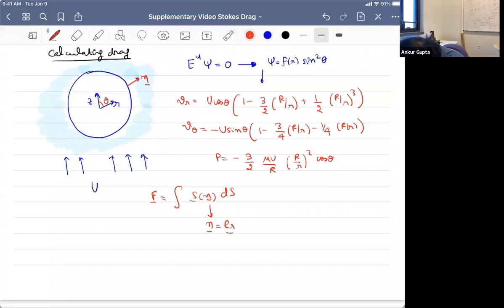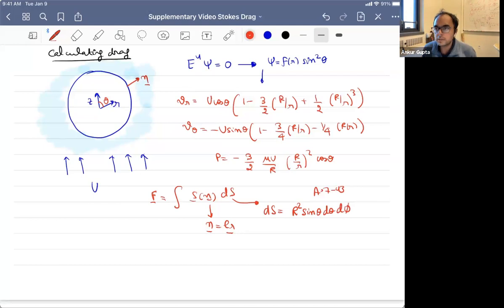This is something we have discussed several times: the ds is determined by what coordinate is constant. On the surface, the coordinate that is constant is small r is equal to capital R. So you look in the appendix for a differential element area, and this is equation 8.743. ds is equal to capital R square sine theta d theta d phi.